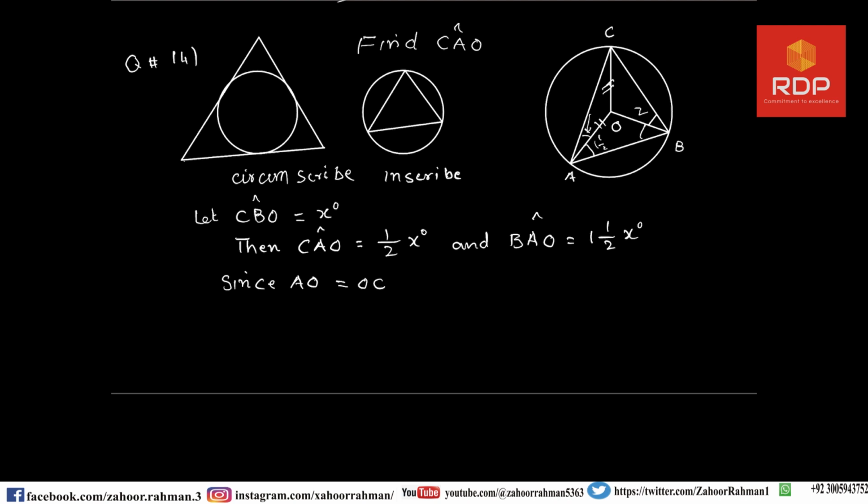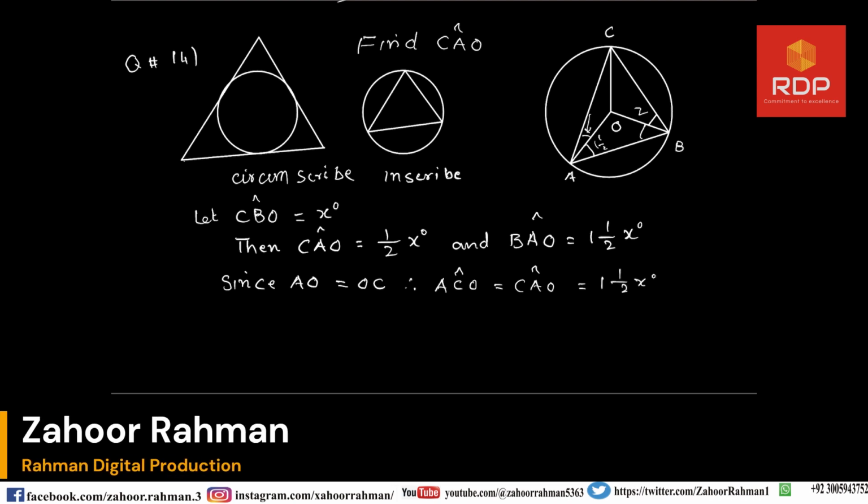That is why we are saying that if these two sides are equal, then we can conclude that angle ACO will be equal to CAO, and both are equal to 1/2 x degree.